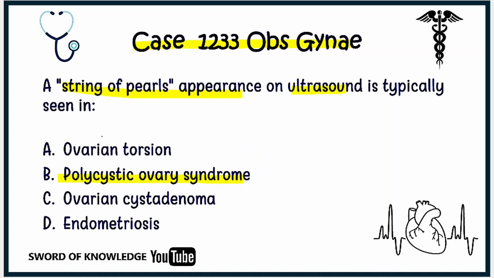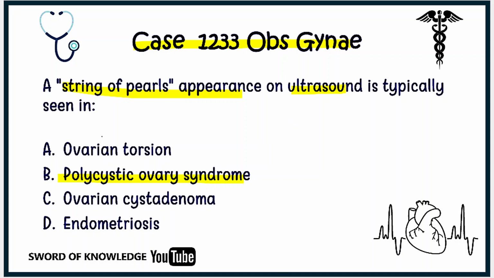Or number three, if the patient is having ultrasound evidence of polycystic ovaries that include the immature follicles, up to 20 follicles that you can see on ultrasound, and these follicles are in the form of string of pearls when you see it on the ultrasound.